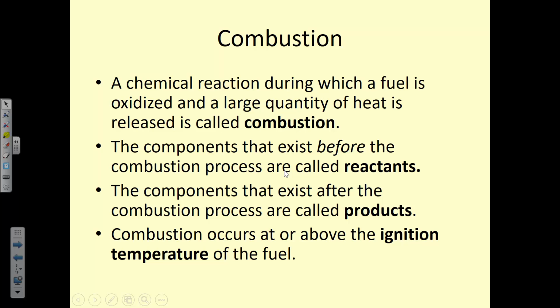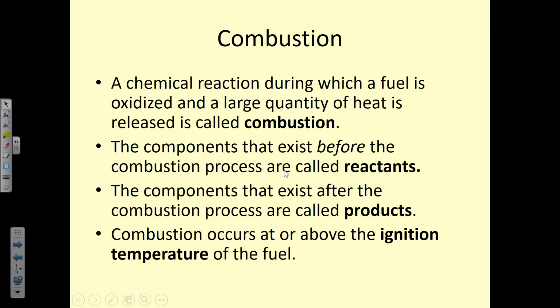A chemical reaction in which we use oxygen in order to oxidize a fuel is considered combustion. So in order to have a combustion process, you need both a fuel source and an oxygen source, or an oxidizer. Any components that are coming into the system prior to combustion happening are called the reactants.